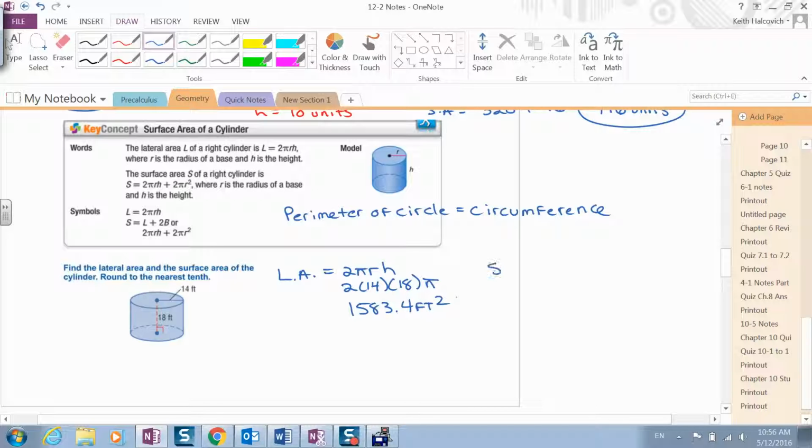The surface area, remember, is equal to the lateral area plus the area of the two bases. Well, in this case, the bases are circles. So it's going to be the lateral area plus 2 pi r squared, because they're two circles.